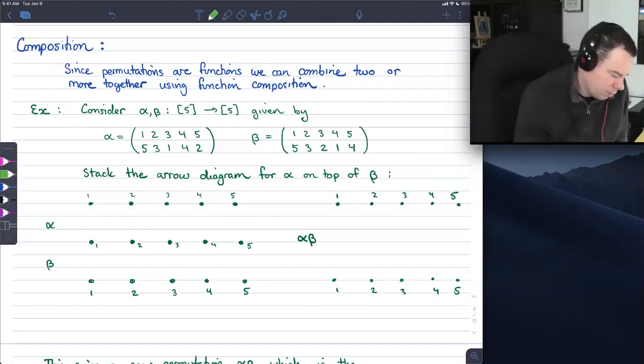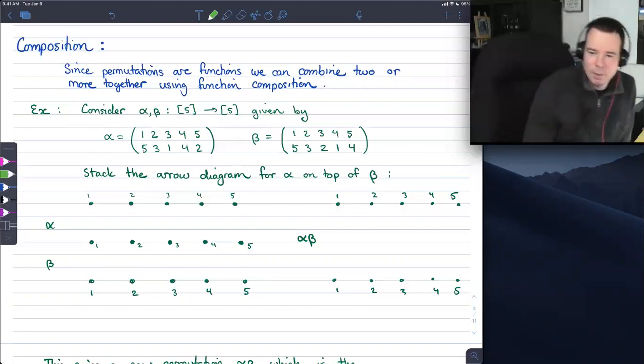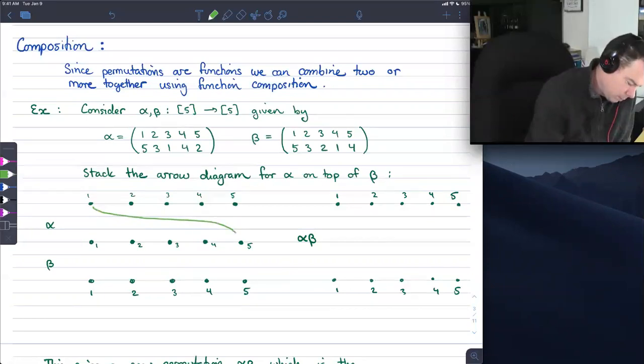And so the way I'm going to do this is just by stacking them up in terms of their arrow diagrams. So let's draw one. Alpha, 1 goes to 5, 2 goes to 3, 3 goes to 1, 4 goes to 4, and 5 goes to 2.